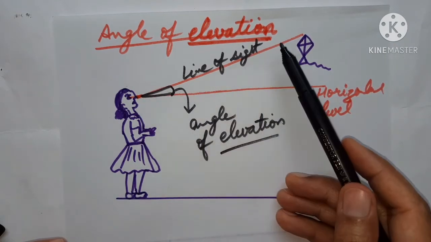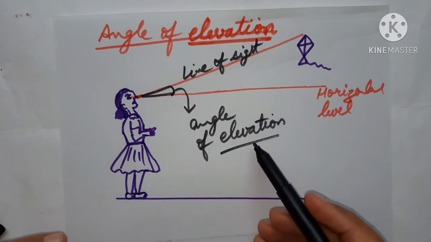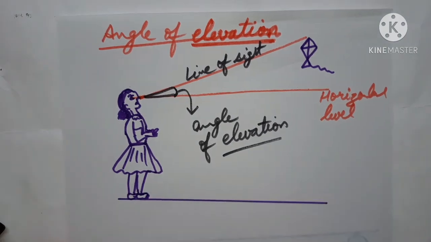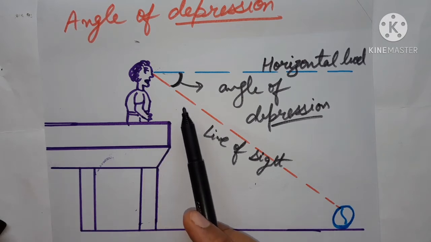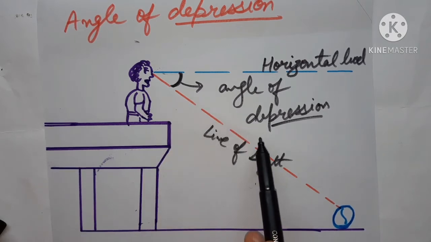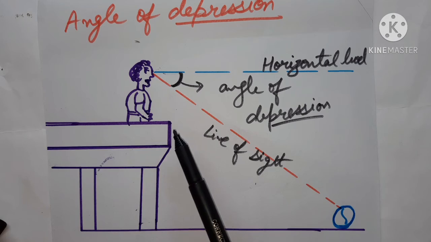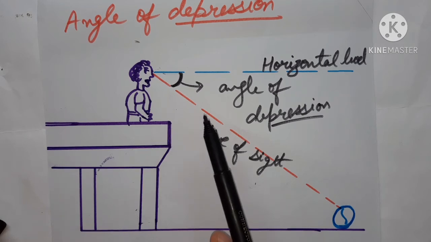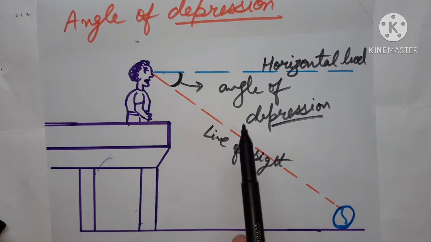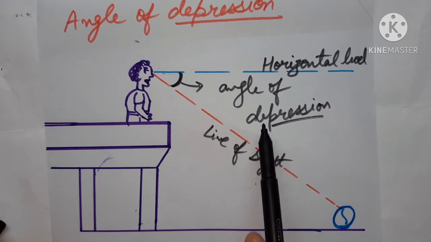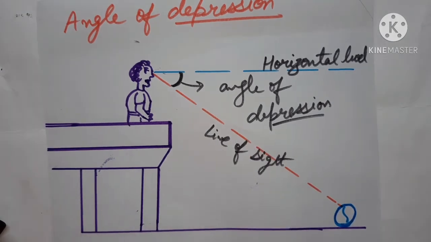And when the observer is watching below the eye level, the angle of depression is made. Above the horizontal level means angle of elevation, and below the horizontal level means angle of depression. You should remember this point.